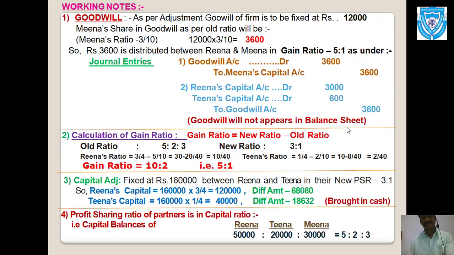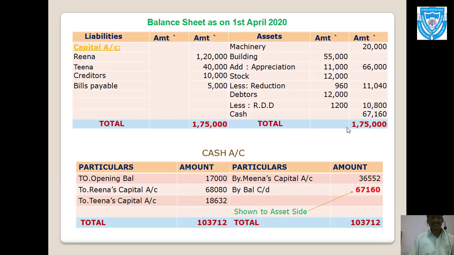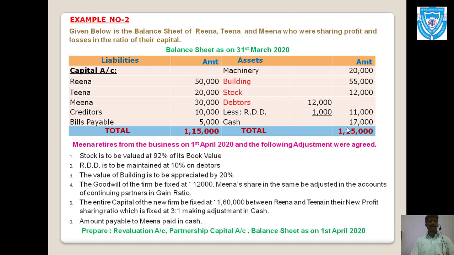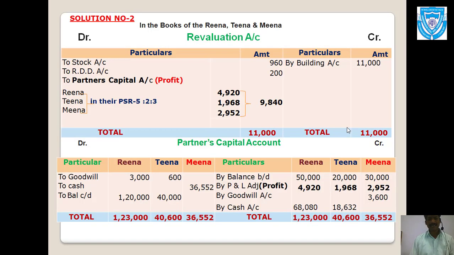You can see at the last of this PPT. So let us start with solution number 2. Capital balances of Reena, Tina and Meena by balance carried down in capital account. You can see credit side of capital account. Reena 50,000, Tina 20,000 and Meena 30,000.